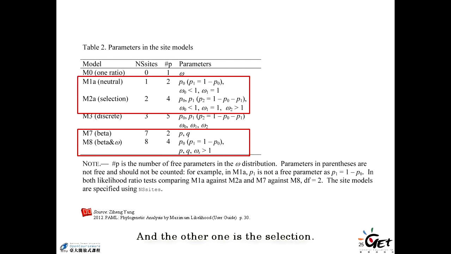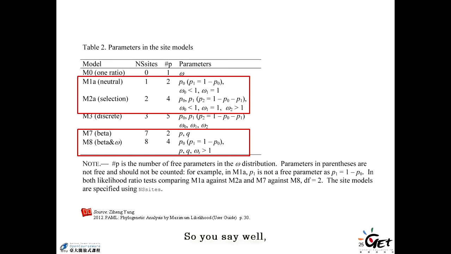And the other one is the selection. So the selection, you can see down there, it will say the omega has different omega for each branch. So the differences between these two models are showing right here.